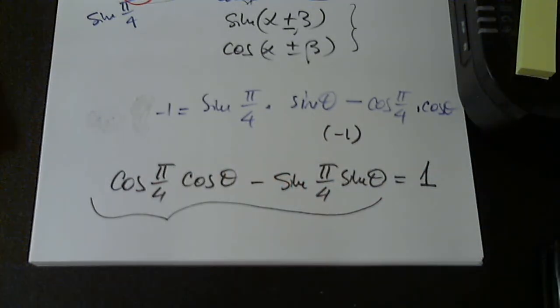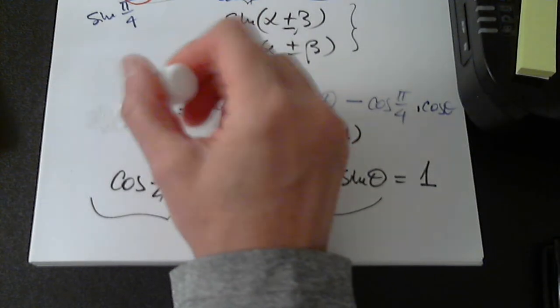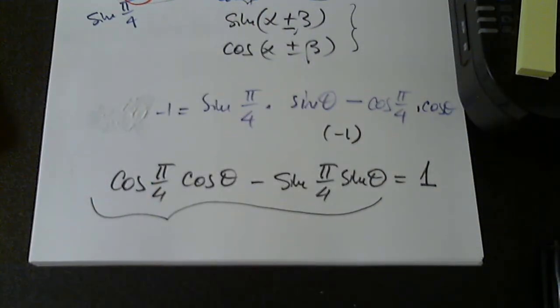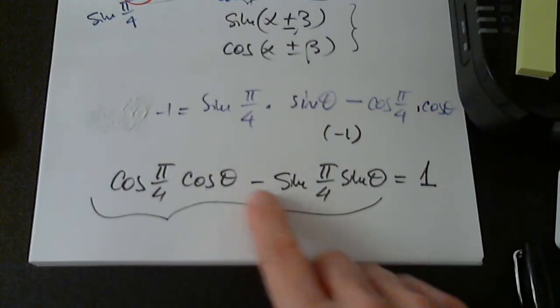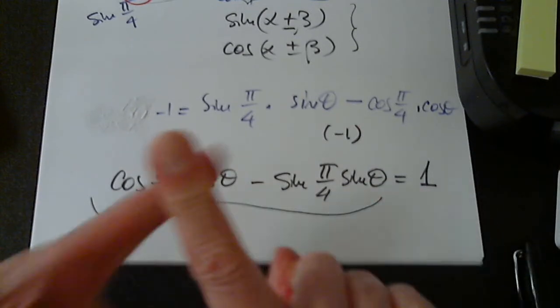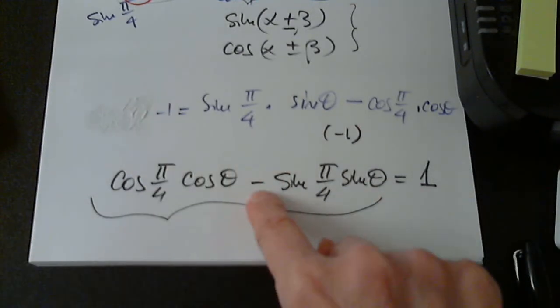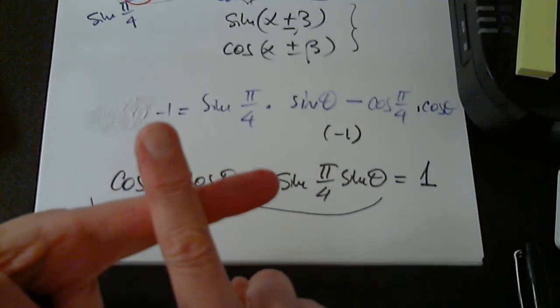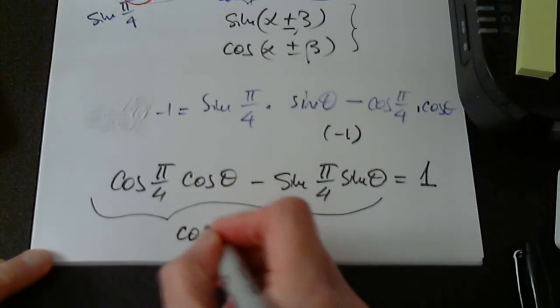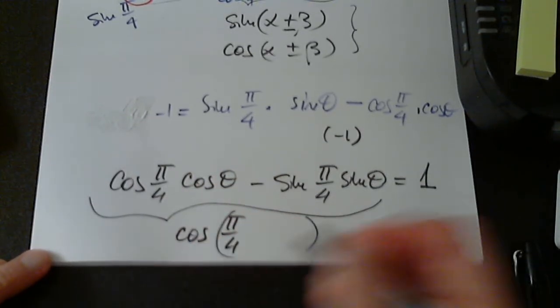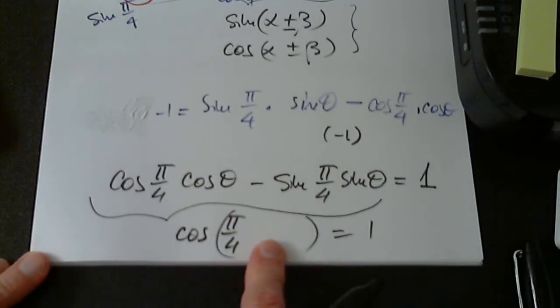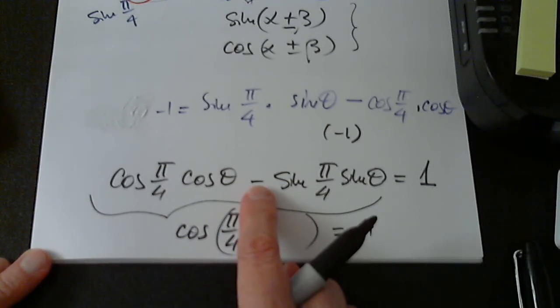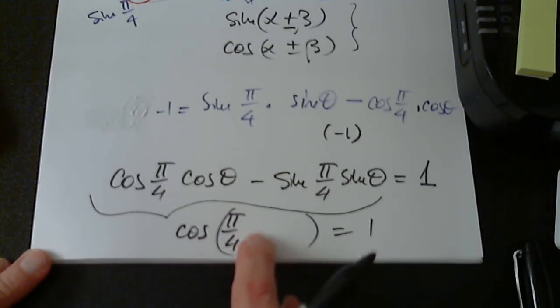Is it just cosine? Yes. Of what? Excellent. Cosine of pi over 4 and then theta. No? Cosine pi over 4. What do I put if it's minus here? What do I have inside cosine?